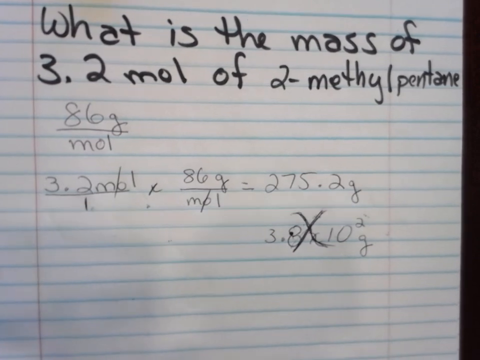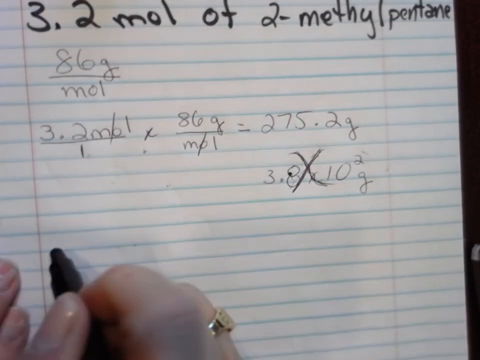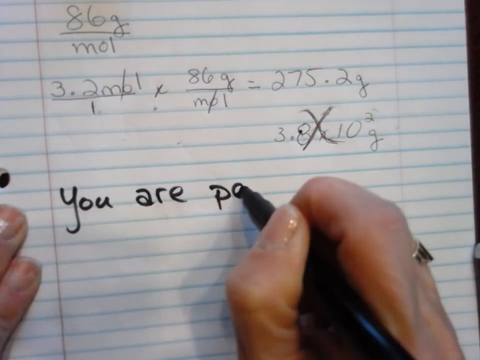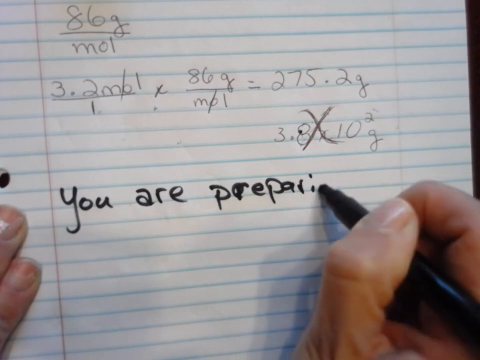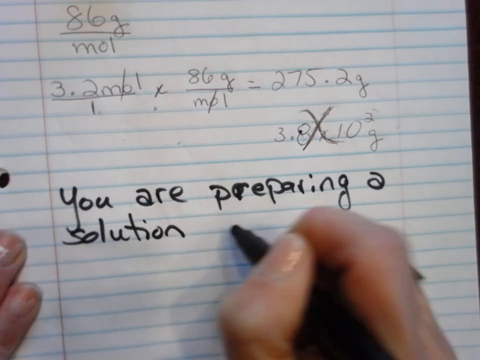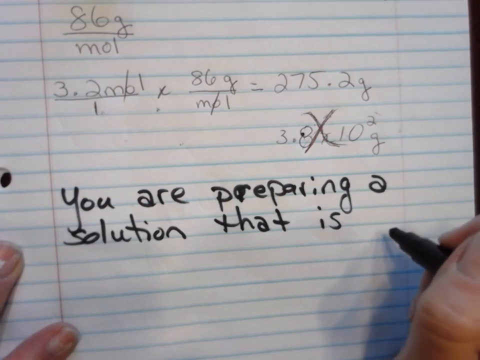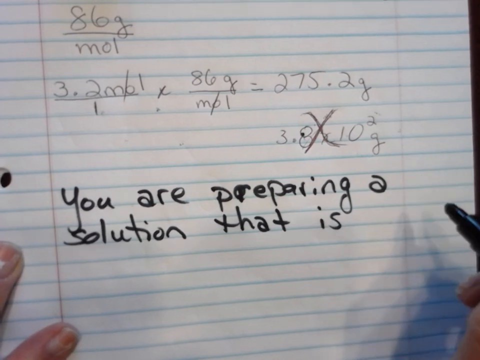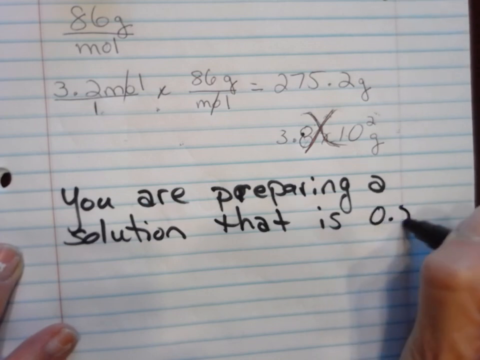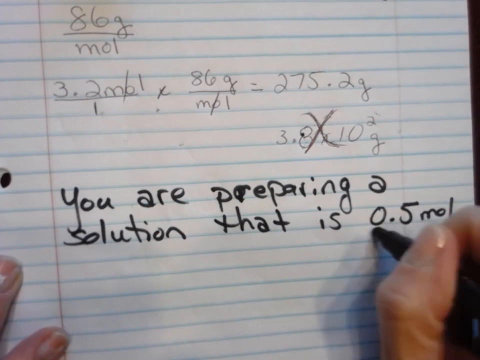Let's just say that you're trying to prepare a solution that is 0.5 moles per liter.